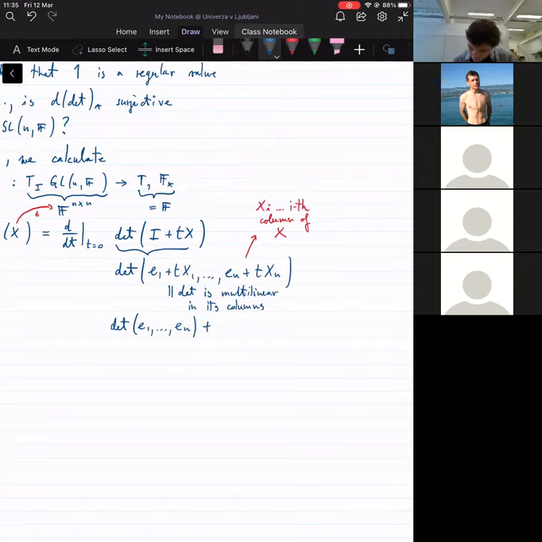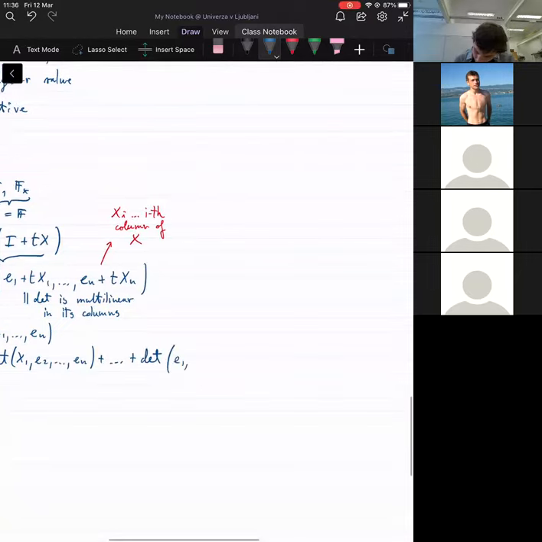And then plus t times det(x1, e2, dots, en) plus dots plus det(e1, dots, e(n-1), xn).